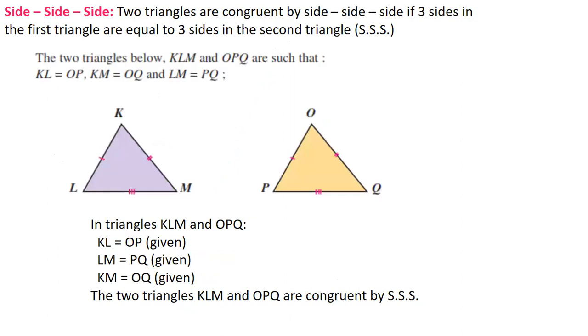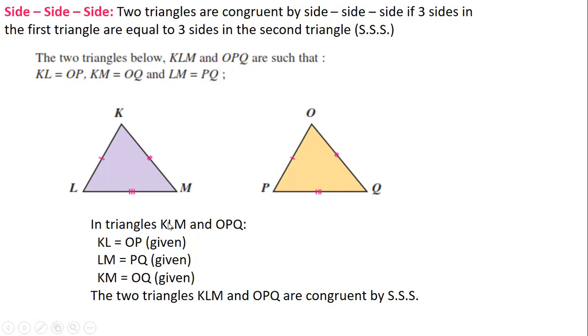Let's do a practice. The two triangles below, KLM and OPQ, are such that KL is marked equal to OP, KM is equal to OQ, and LM is equal to PQ. Let's say why these two triangles are congruent. Of course, first we start with the starting sentence.